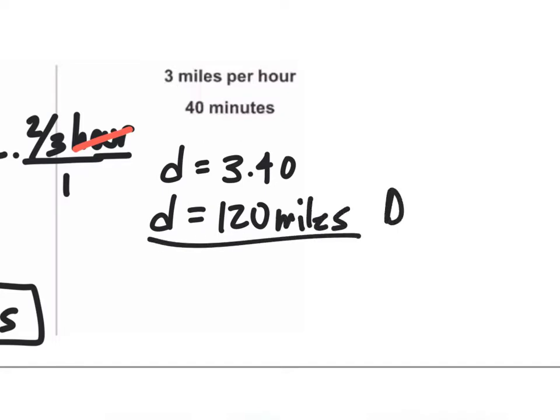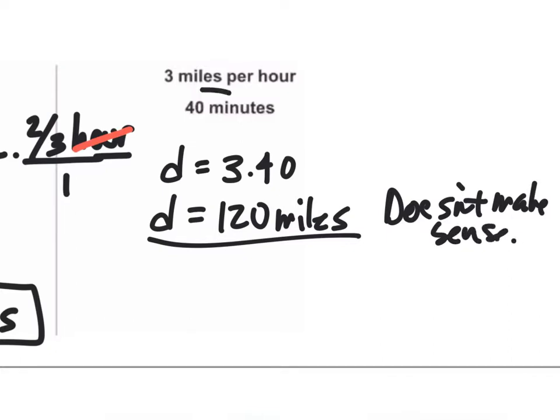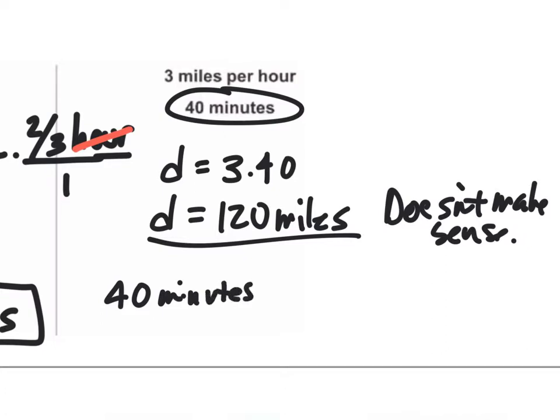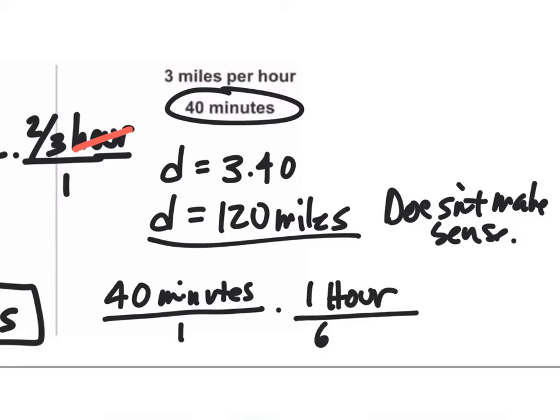So this doesn't make sense, all right? The idea, guys, is that you want to change 40 minutes into hours, and the way I do it is I do 40 minutes over 1, and I multiply that by 1 hour over 60 minutes, and use my conversion table.